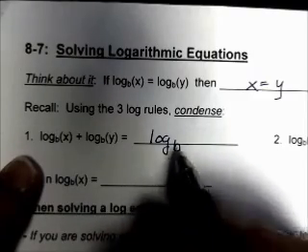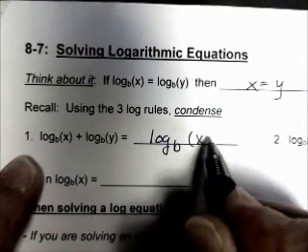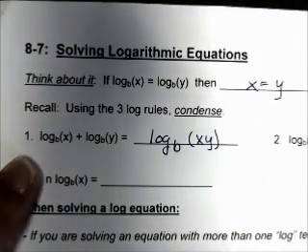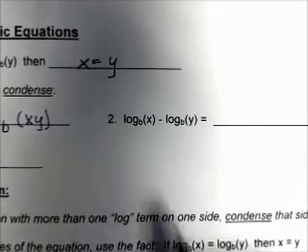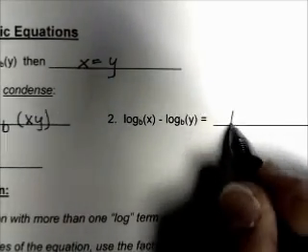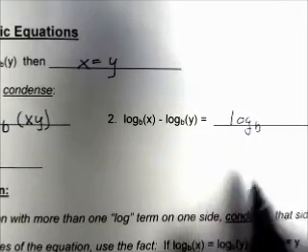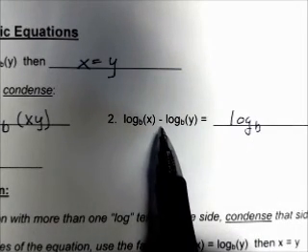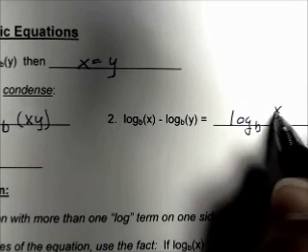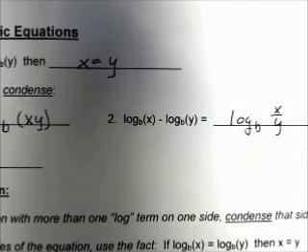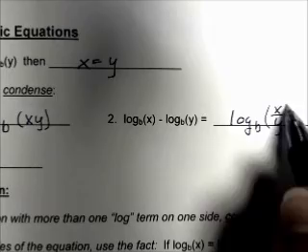So this would be log base b of x times y. Number 2, log base b of x, subtract log base b of y. Condensing to a single log base b, if we have subtraction, that meant it was division to begin with. X divided by y.